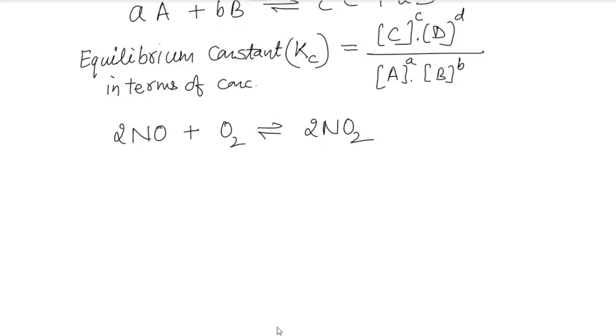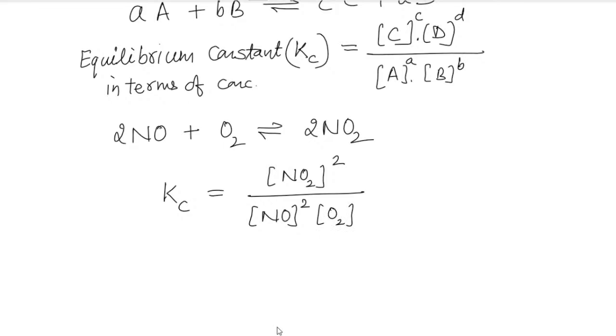So what is the equilibrium constant for this reaction? Kc. Why do I write Kc? It is equilibrium constant in terms of concentration. So that is equal to concentration of NO2 raised to power 2 divided by concentration of NO raised to power 2 and concentration of O2 raised to power 1.